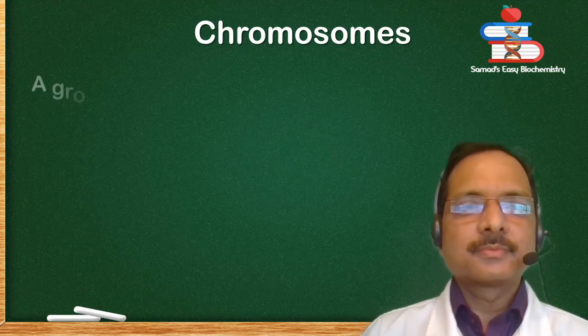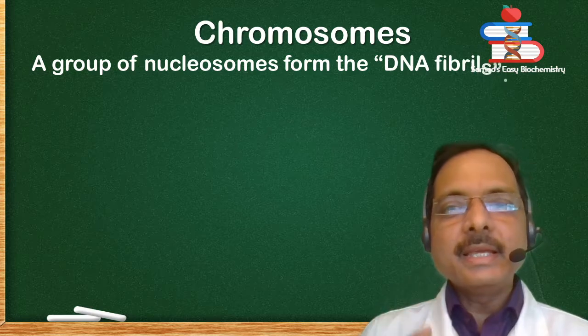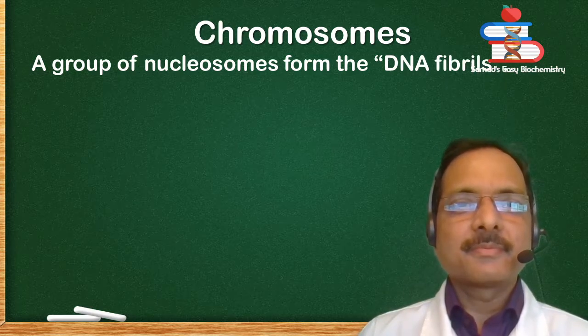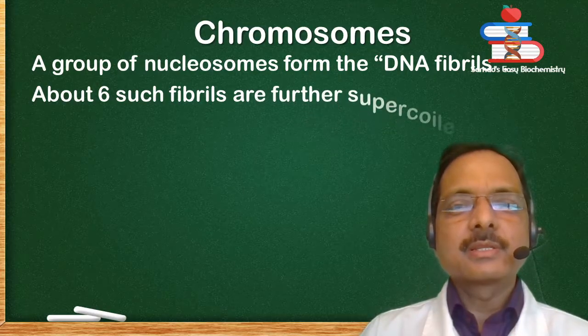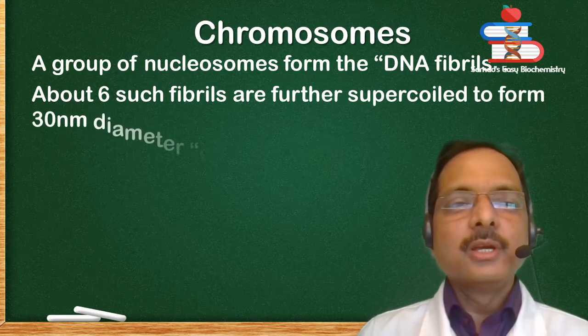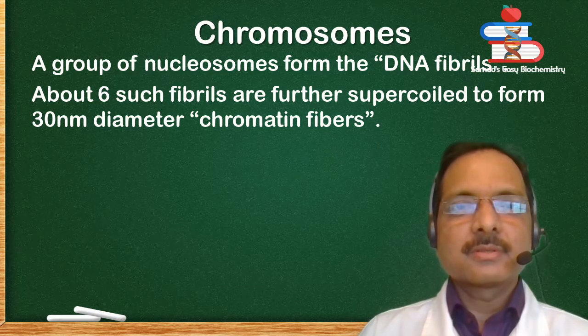Chromosomes. A group of nucleosomes form the DNA fibrils. About 6 such fibrils are further supercoiled to form 30 nanometer diameter chromatin fibers.